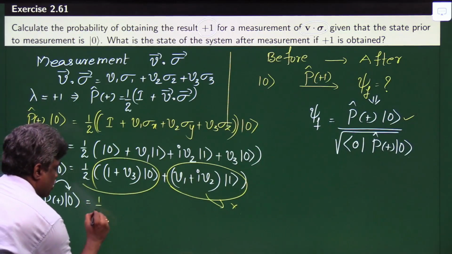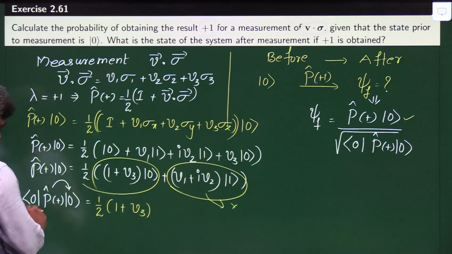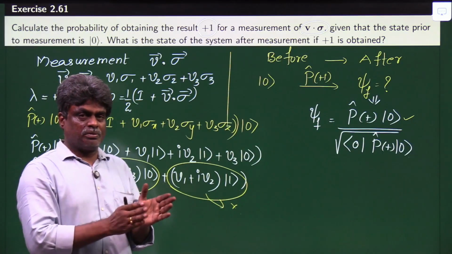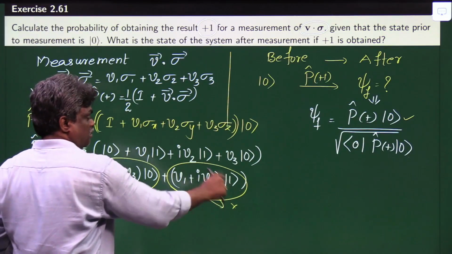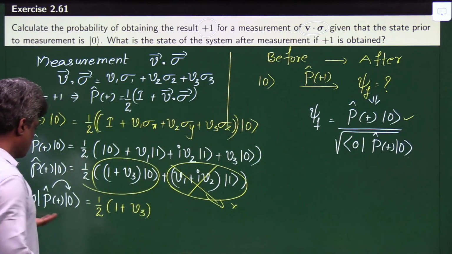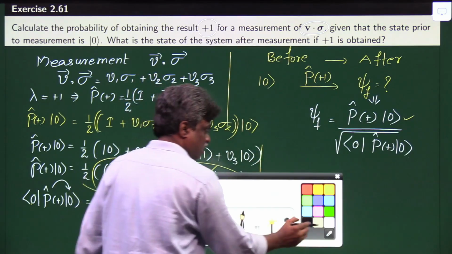So finally here we got 1 by 2 (1 plus v3), because the inner product of |0> and |0> equals 1 only, but here it will become 0, so this term won't come. Fine. So we got this expectation value.